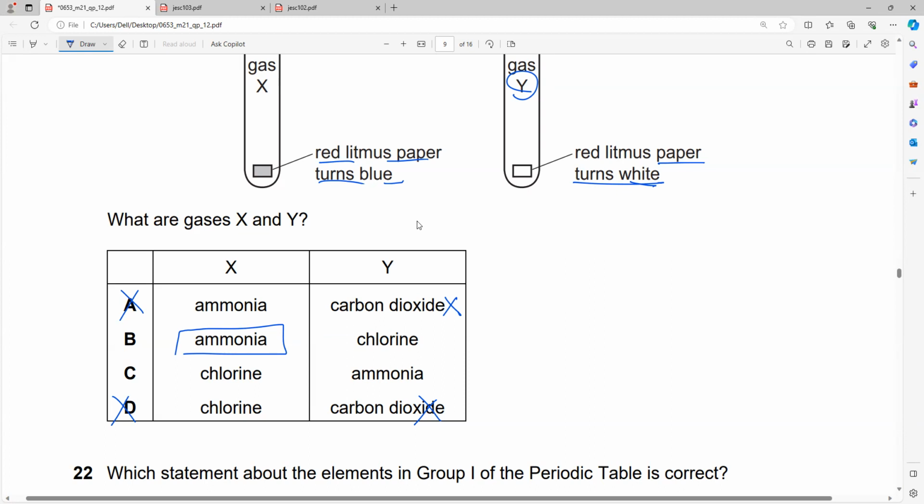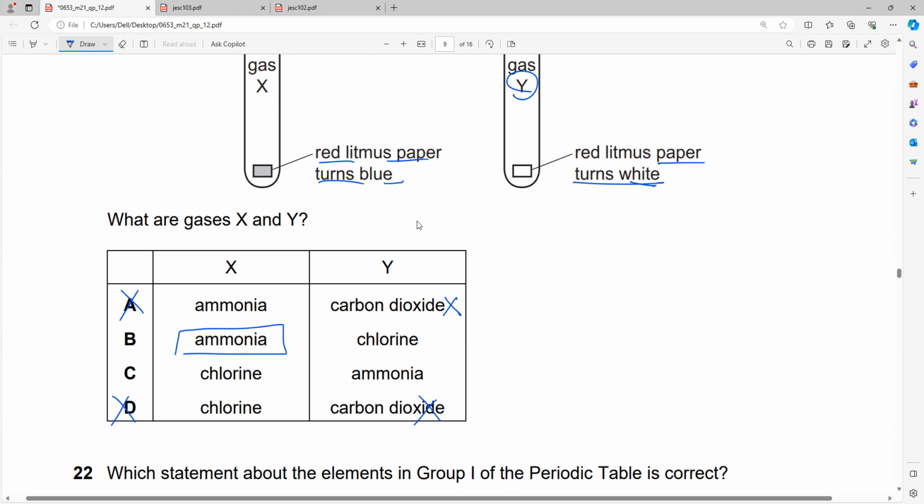Understand? Then red litmus paper turns into white. What is the reason? The chlorine which is present there is damp, correct? So it will react with hydrogen and form what? Hydrogen chloride.